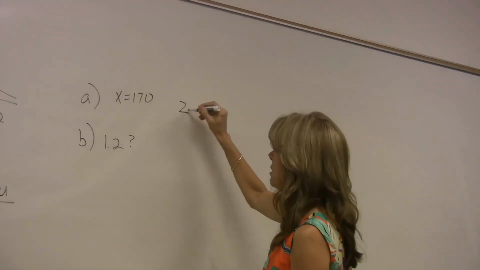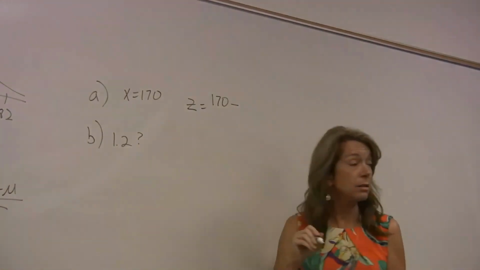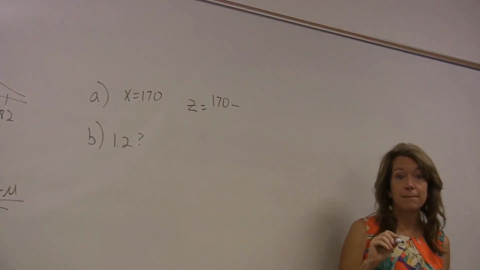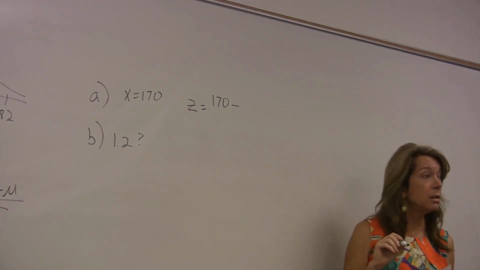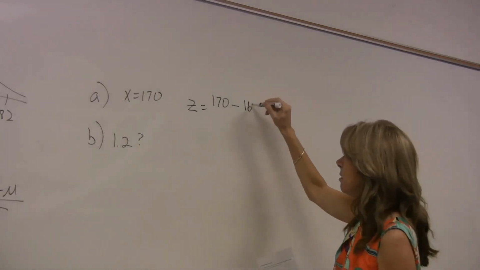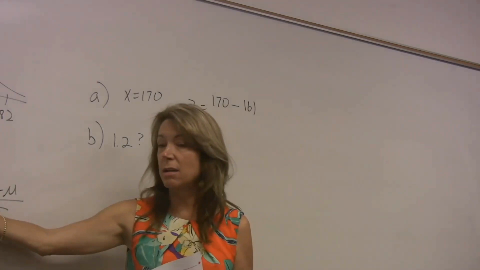So z equals, I take my x and subtract the mean, which in this case was 161. We agree with that? Whether it's a sample or a population, I'm subtracting the mean.